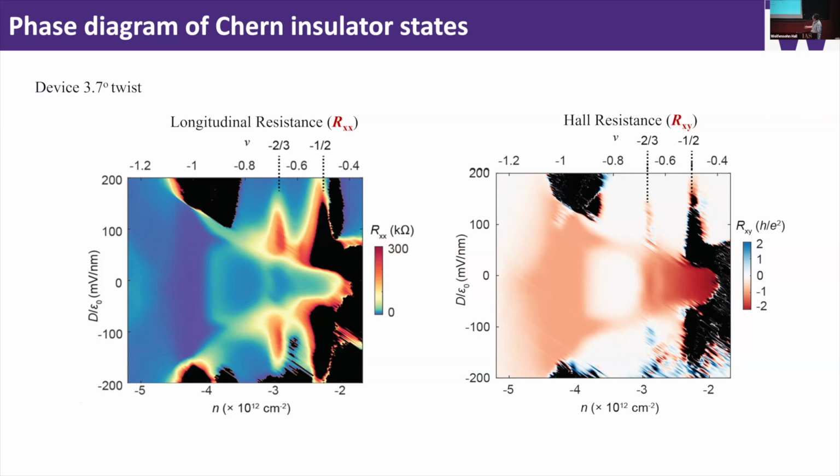So you can see the vanishing Rxx at the filling factor -1 is associated with a large Rxy. In this case, it is actually quantized at h/e squared. So this phase space corresponds to the quantum anomalous Hall state.